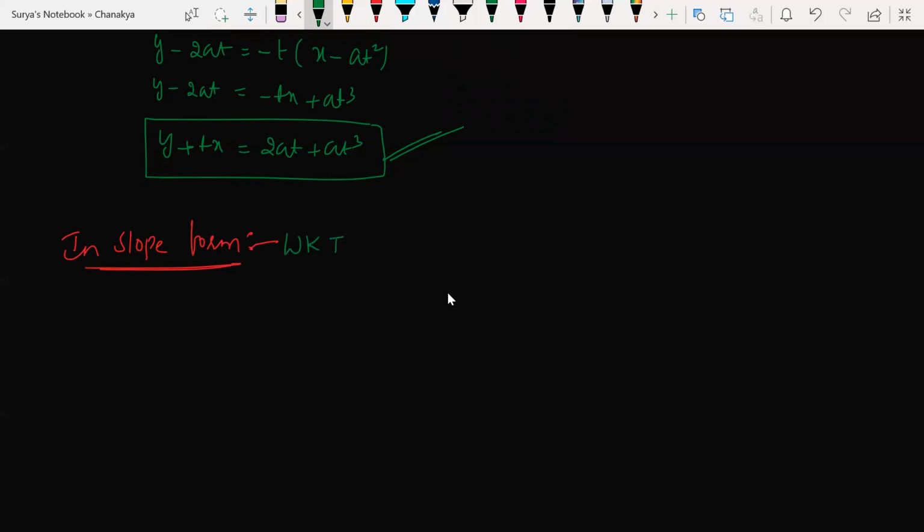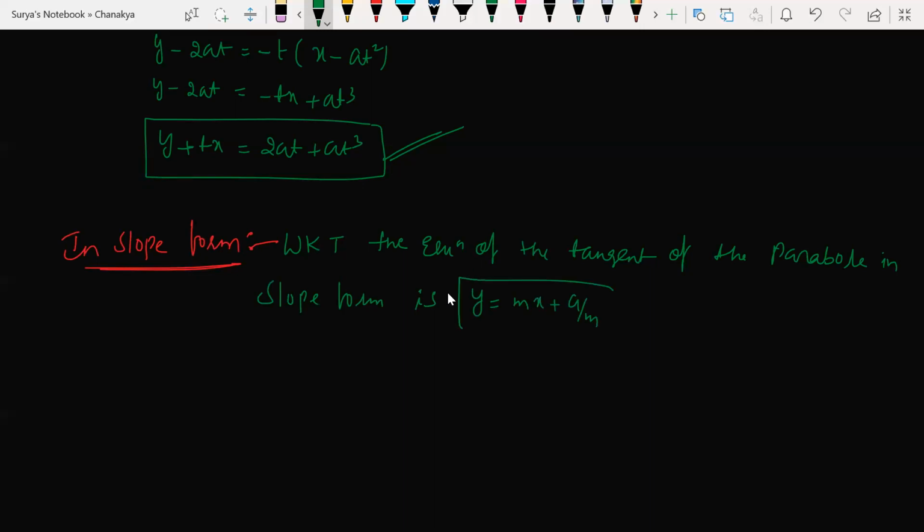The equation of the tangent in slope form. We know that the equation of the tangent of the parabola in slope form is y equals mx plus a by m. I told you, in place of c we write a by m.